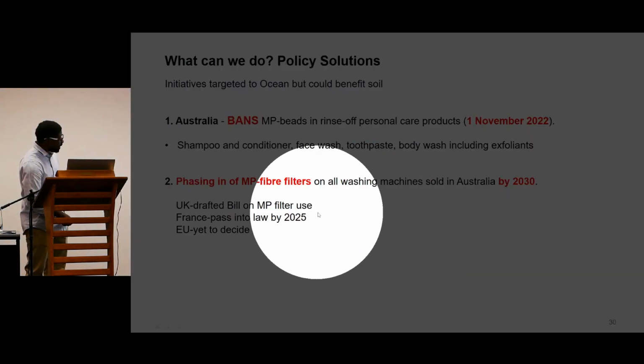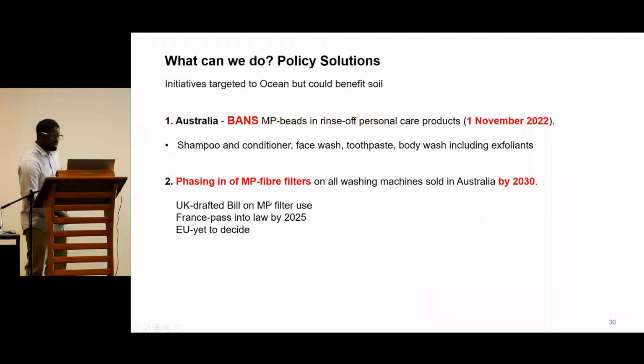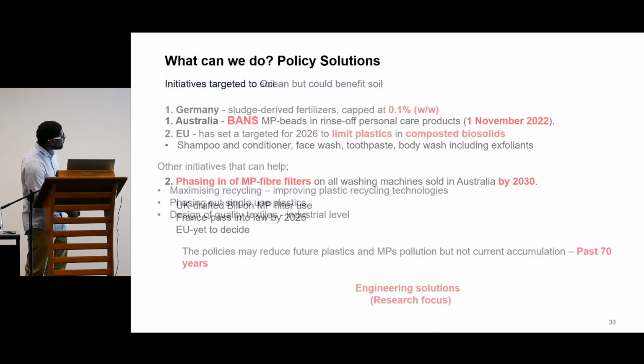The UK has drafted a bill on the use of microfiber filters for all washing machines. France has already passed it into law. It's going to take effect in 2025, and the EU is yet to decide what to do.